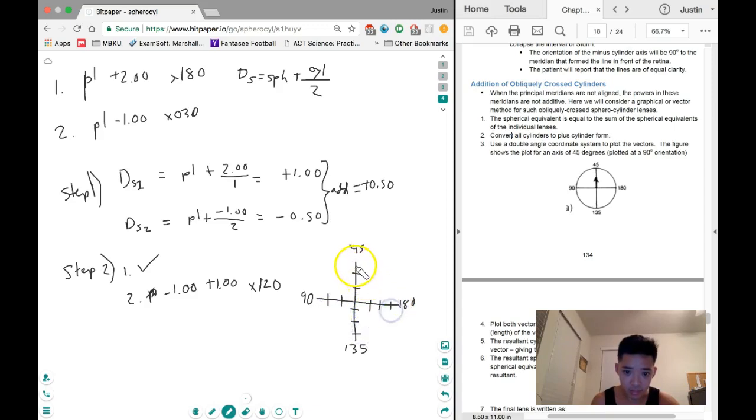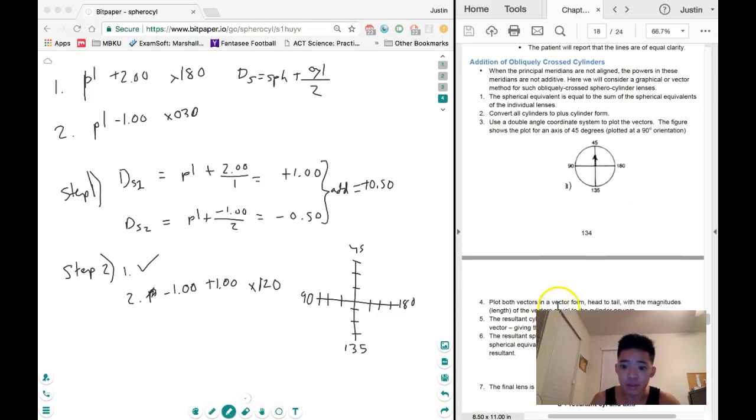You want to plot both vectors in vector form, head to tail, with the magnitudes, the lengths, equal to the cylinder. So we only care about the cylinder right now.